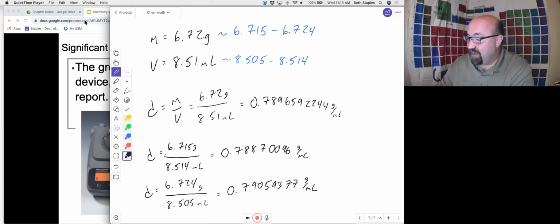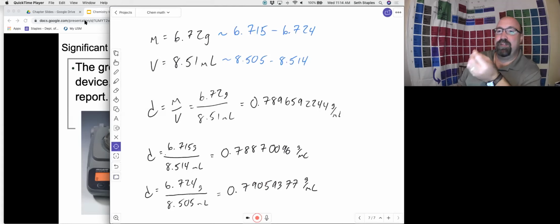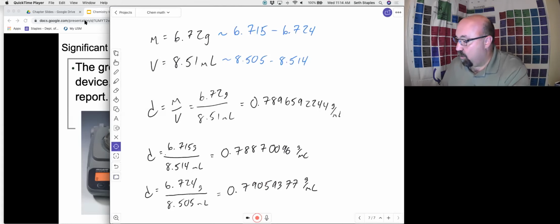So our real density is somewhere in between these two numbers. It's somewhere in this range. And so that means that we can't simply report what our number was.